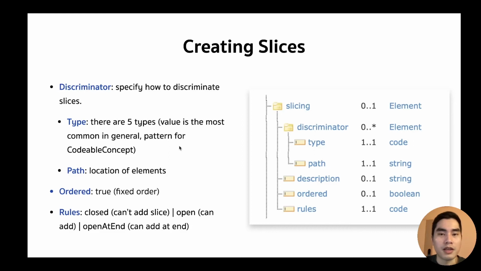From the spec and from what I read on the internet, it seems like pattern is more suitable for codable concepts. But I think for the beginning, discrimination by value might be a good starting point. And the second element here is path, the location of the element. This is a little bit confusing. When you see the real slicing, you will understand.